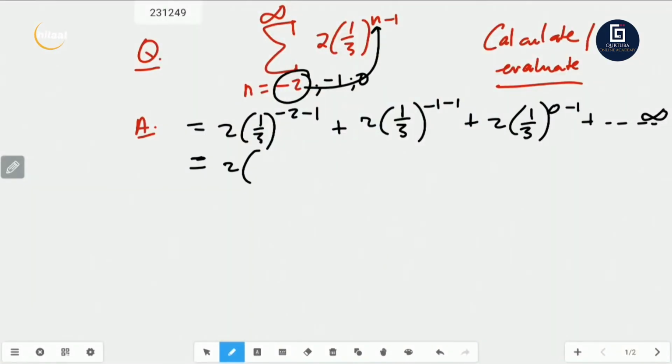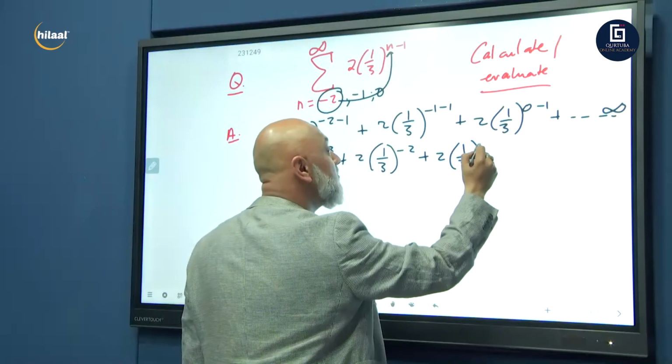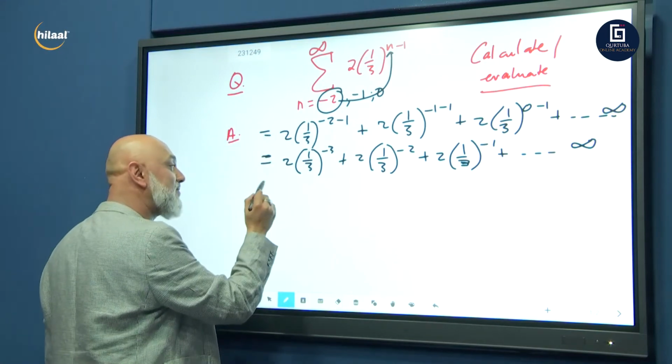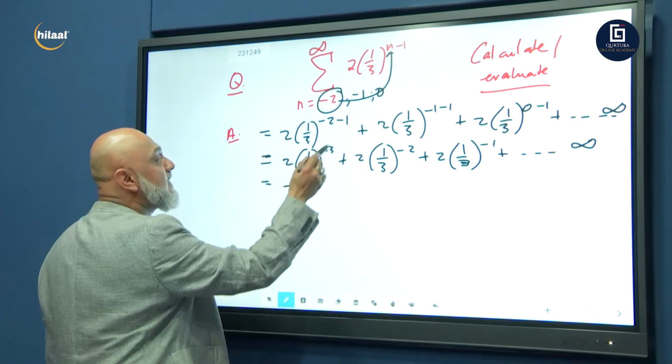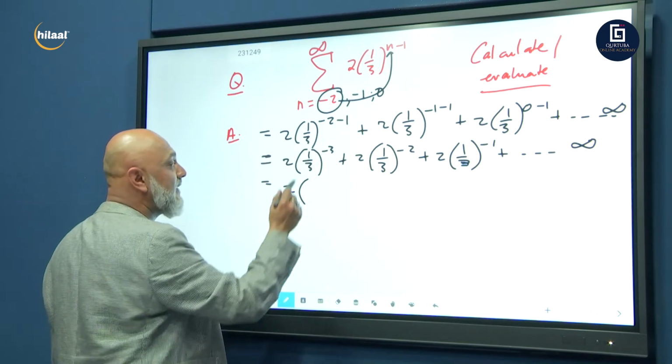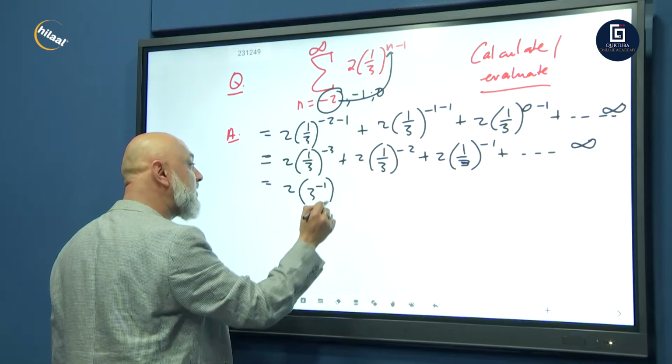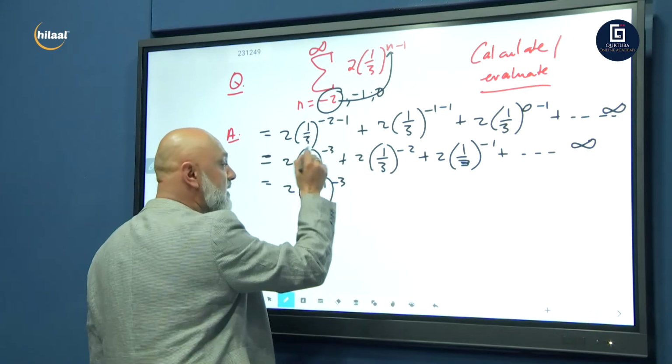So now this is 2 into a third to the power minus 2 minus 1, which is minus 3, plus 2 into a third to the power minus 1 minus 1, which is minus 2, plus 2 into a third to the power 0 minus 1, which is minus 1, plus going on to infinity. Let's go again. A third to the power minus 3 is 3 to the minus 1, to the power minus 3. I'm bringing this up to the top.